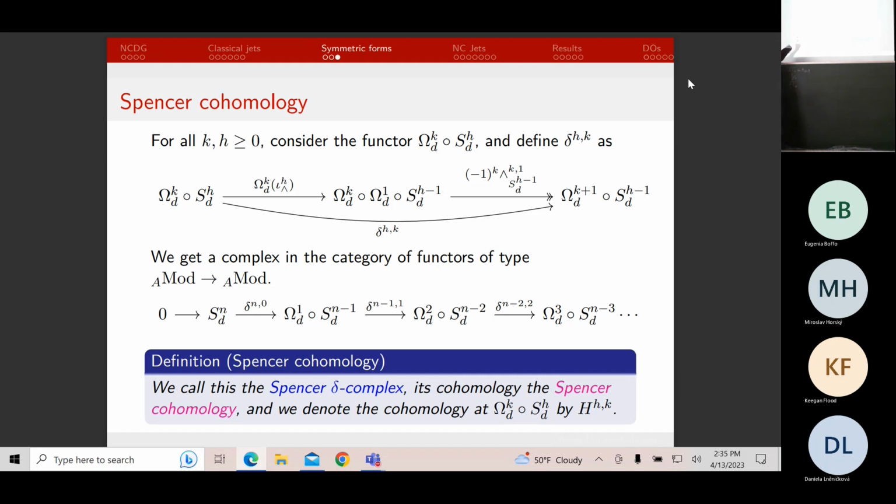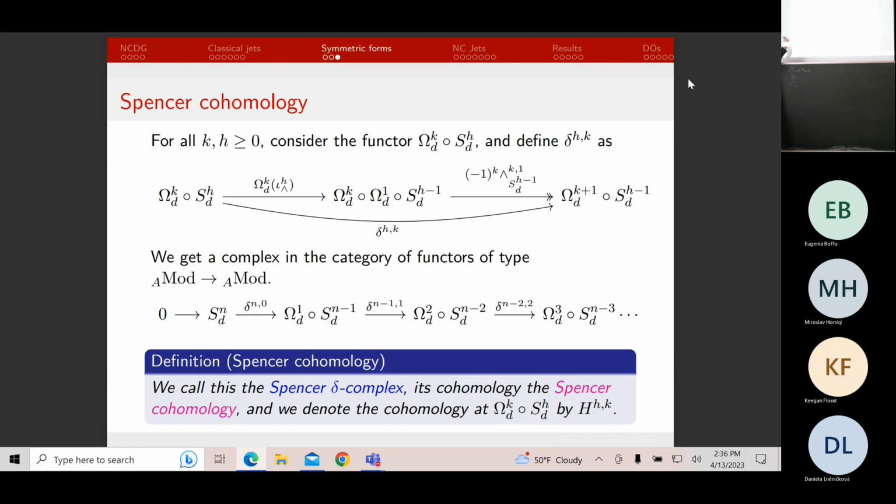How do we build this map? Again, we take Sh, we forget the symmetry in the first component, and now we have omega k, omega 1. So now we apply the wedge with a suitable sign, which depends on the classical theory. We apply the wedge and we go into omega k plus 1 tensor Sh minus 1.